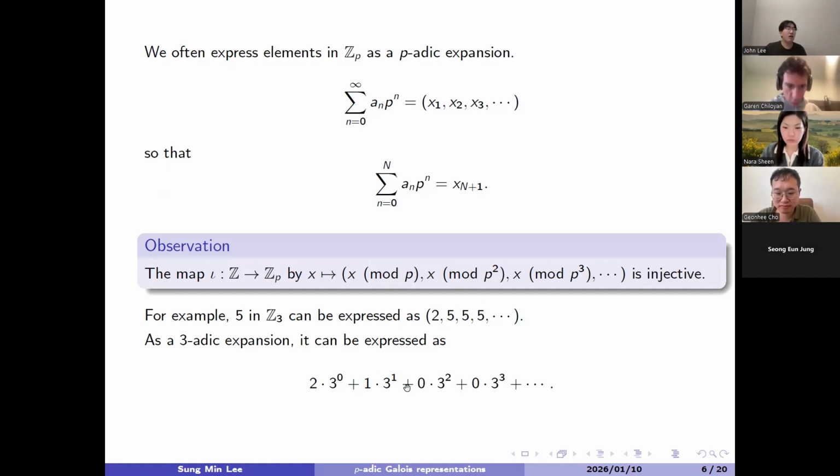The third entry is still 5 because I have 0 here, so 2 plus 3 is still 5, and keep going. So you can see how we change between infinite tuple notation and infinite series notation with this specific example. You can see this kind of map is injective. It's not really hard to prove that this is injective and well-defined. So Z is contained in Zp.